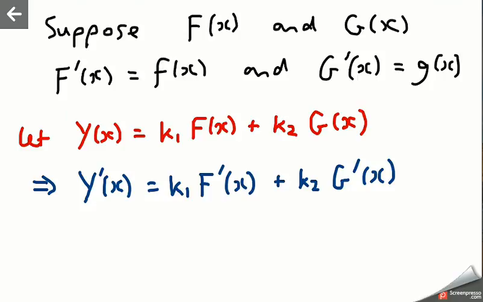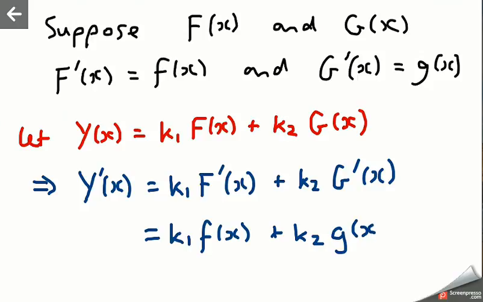And that's fantastic because we know that big F prime of x is equal to little f of x, and big G prime of x is equal to little g of x. Therefore, y prime of x is equal to k1 times little f of x plus k2 times little g of x.